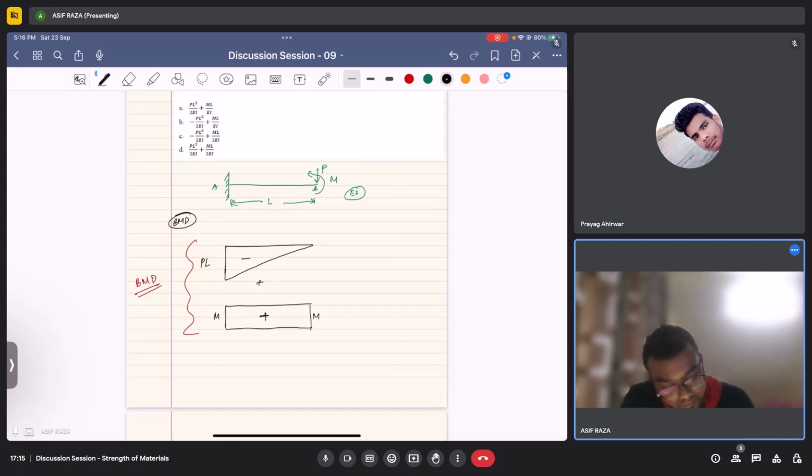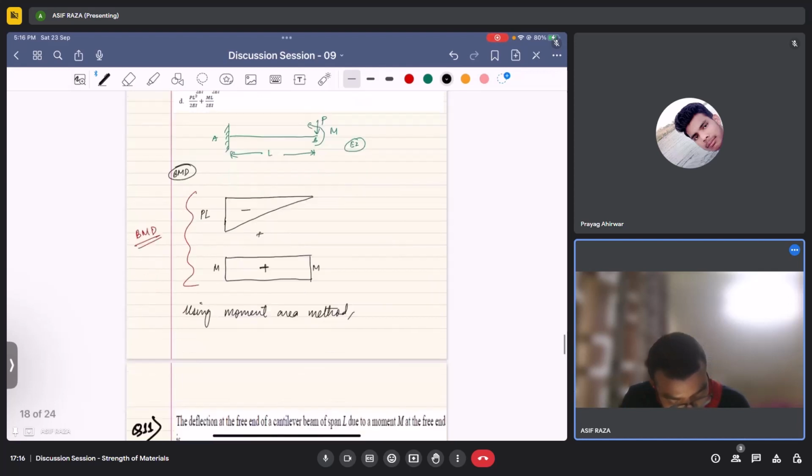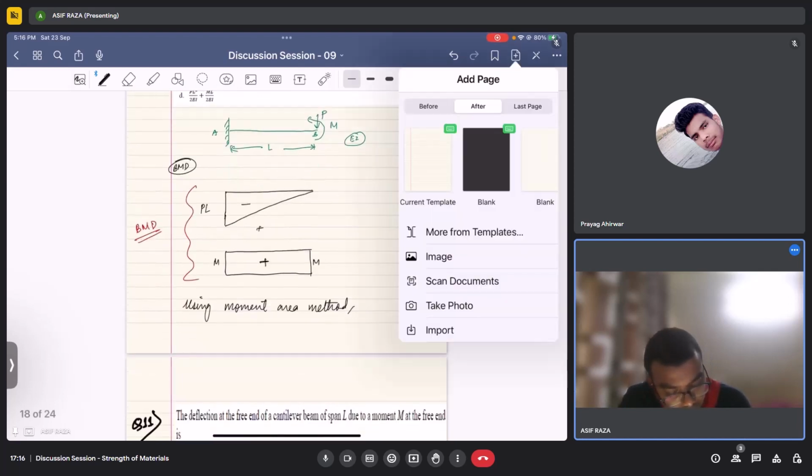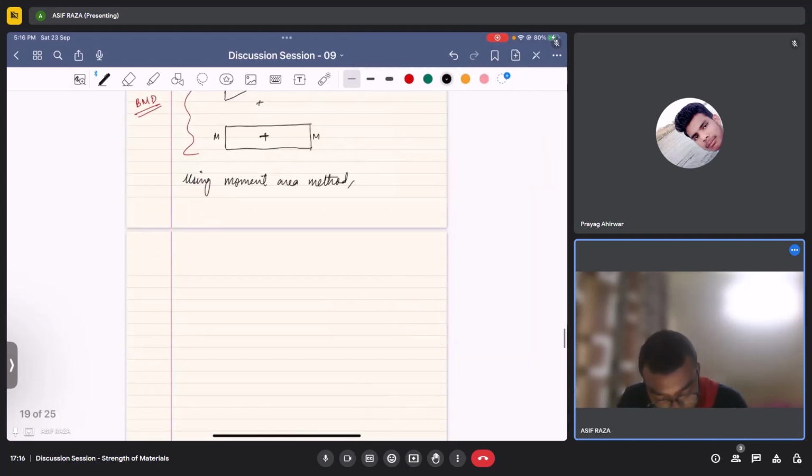Okay, so using the moment area method, the slope at B is theta B, right?